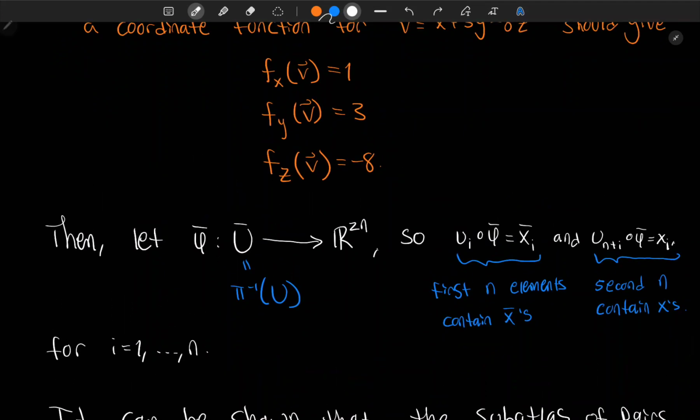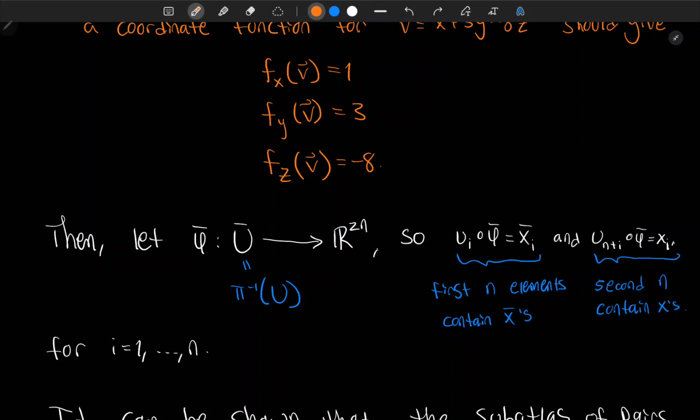So phi hat here is a map from u hat, which again is the pre-image of u, and it maps to R^2n, where here we have 2n because of the following.